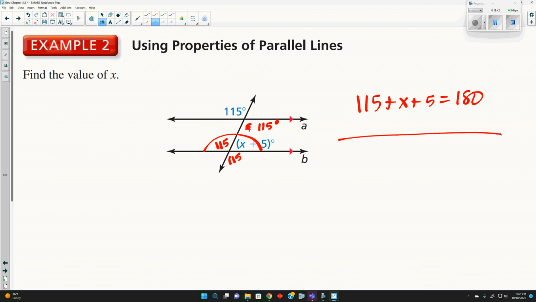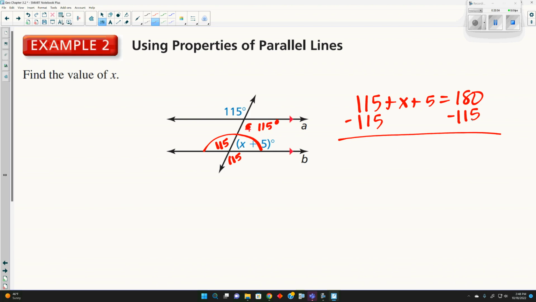So I'm going to do this. Normally we wouldn't, because we would add those 2 angles together and set it equal to 180, yes? Our next step would normally be to combine like terms, so we would add 115 and 5, yes? I'm going to subtract 115 first. Now, you don't have to write this. I'll go back and do it the other way that you all are comfortable with.